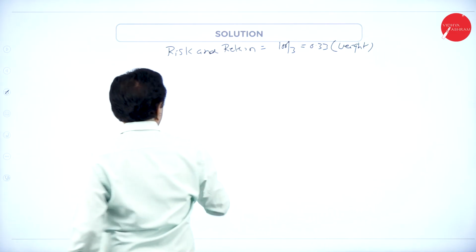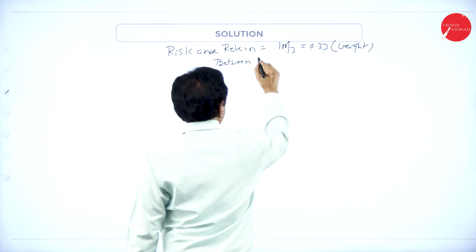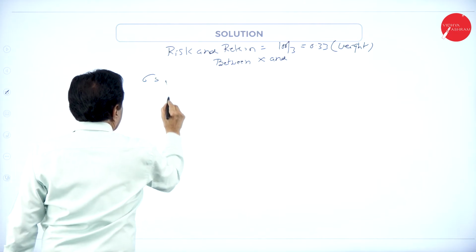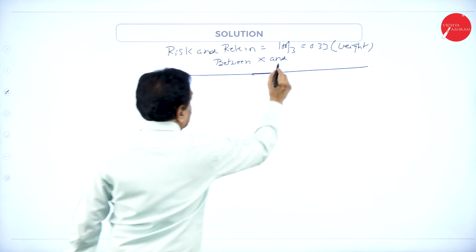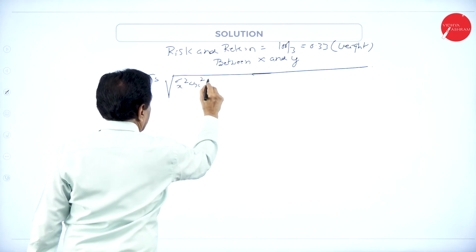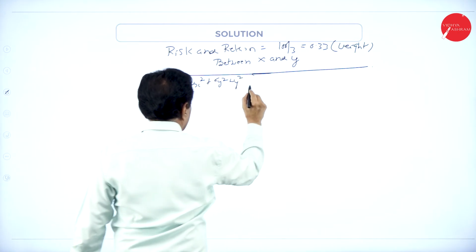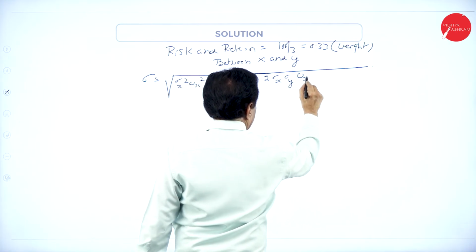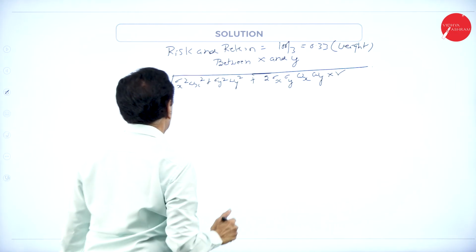Now we'll go between X and Y. Slowly. Root of standard deviation X square, WX square, plus standard deviation Y square, WY square, plus 2 into standard deviation X, WX, WY into R. Slowly we can go.